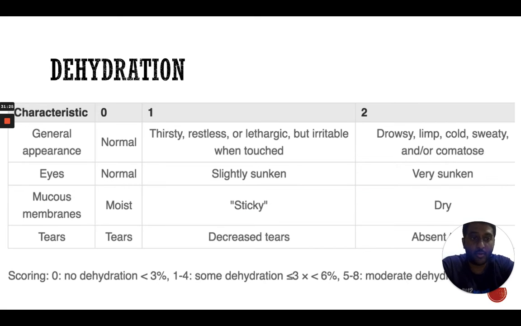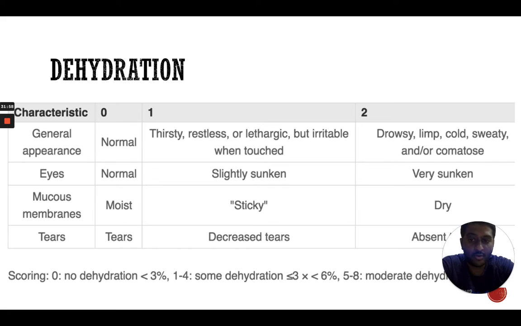Next common presentation is dehydration. It can be from vomiting, from diarrhea, or from not eating because of some throat pain or some ulcers in the throat. These all can cause dehydration. There are several scoring systems available. I find this one to be neat and easy to use. It has the general appearance of the patient, eyes, mucous membrane, and tears.